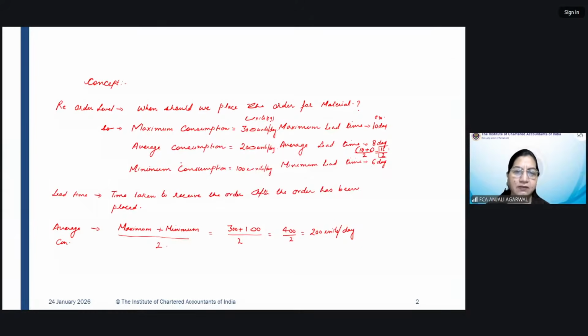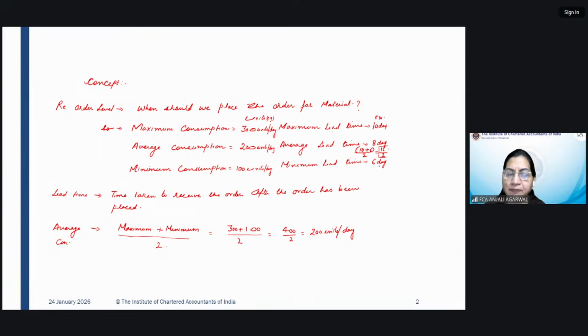So this is the information which might be given to you: how much raw material you are using every day, with maximum, minimum, and average consumption. Similarly, how much time it takes to receive the material once you place the orders: maximum lead time, let's say 10 days, average lead time 8 days, and minimum lead time 6 days.